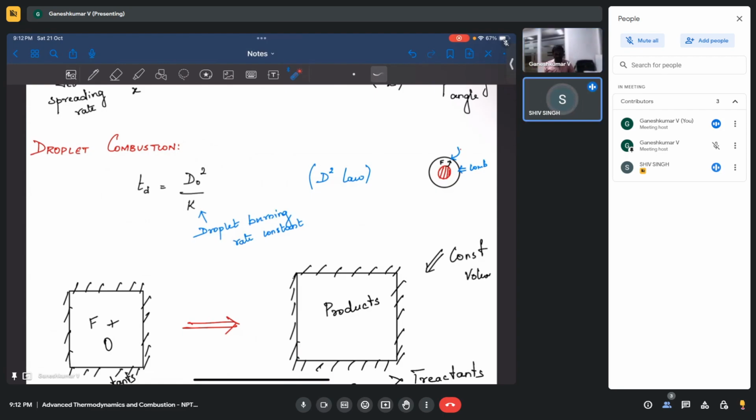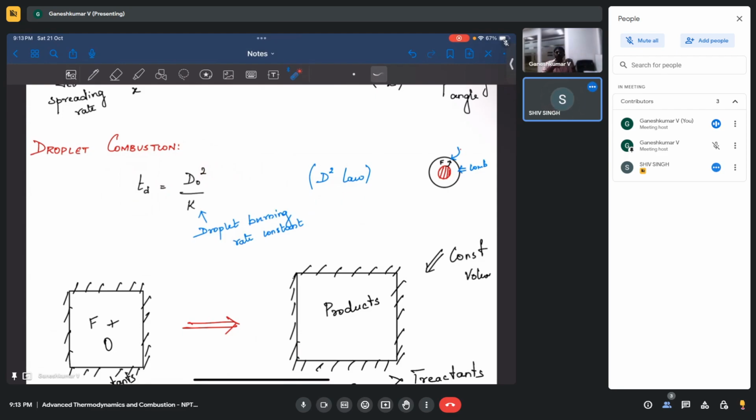And if it starts burning, then what is the time it will take to fully get consumed? If the diameter increases, the droplet lifetime increases with the square of the diameter, which is why it's called the d square law.